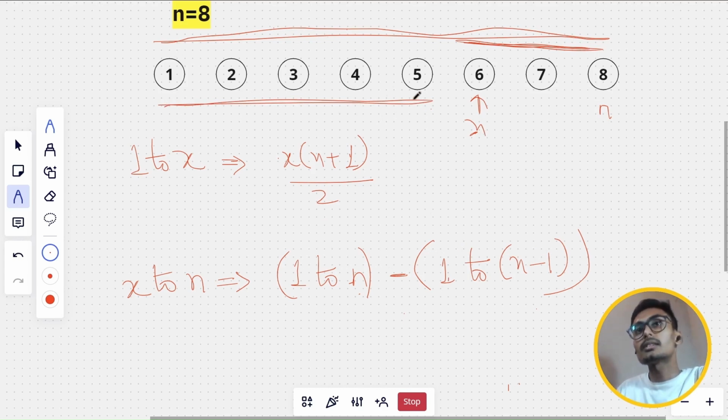If this is x, that means this is x minus 1, right? So the sum of 1 to n minus the sum of 1 to x minus 1.